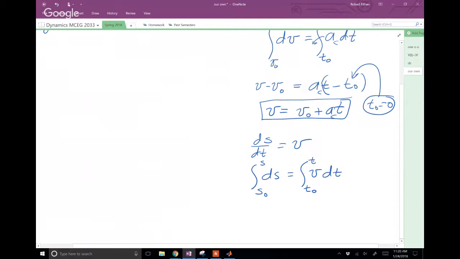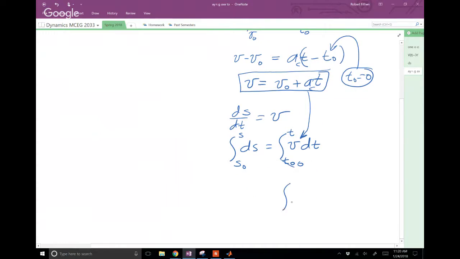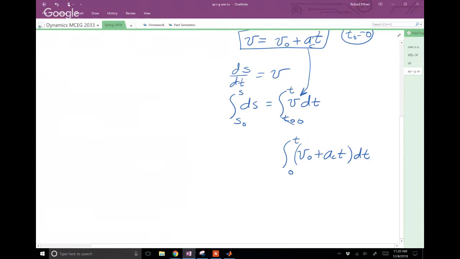And S, same setup. This time, if you just say this is 0 and go with it, what you're going to end up with is an integration of v naught t dt from 0 to some time. That would just be v naught t plus a_c t squared over 2.